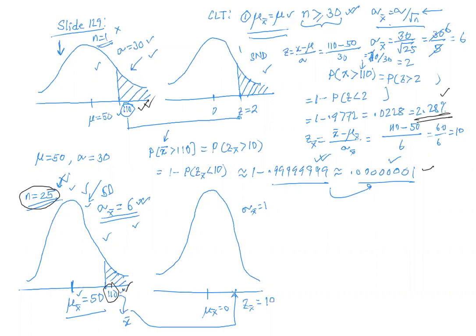Now the next question is, find the probability that a randomly selected person spends between 40 and 60 minutes. In that problem, are we in this situation or in this situation?